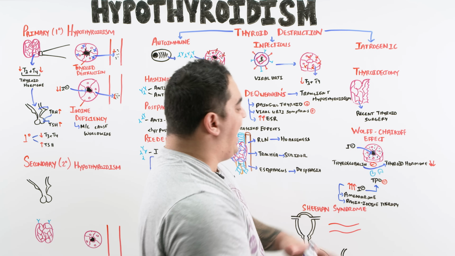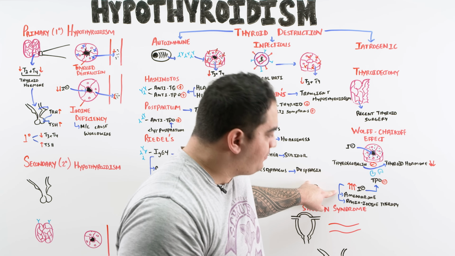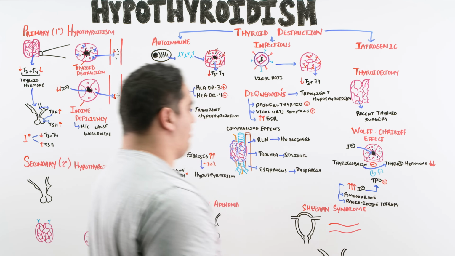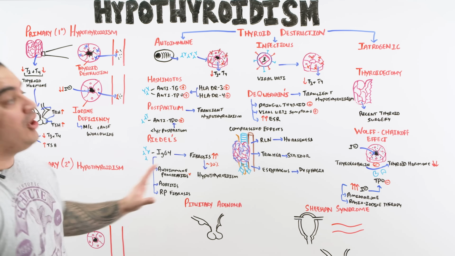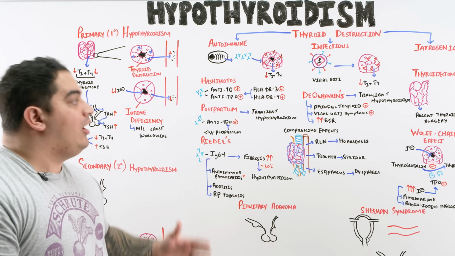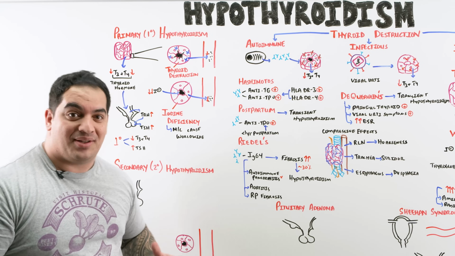So if a patient received heavy amounts of radioiodine therapy or chronic amiodarone use, this can lead to the Wolff-Chaikoff effect. So this is what I want you guys to think about here. That's a ton of causes. We'll actually review a lot of this stuff when we go through the diagnostic algorithm, but this is the big thing I want you guys to know for primary hypothyroidism.